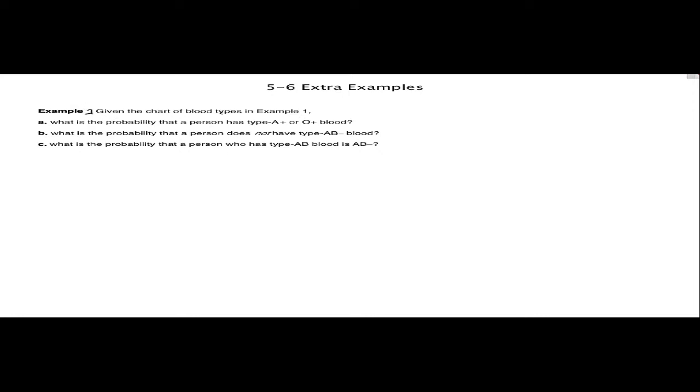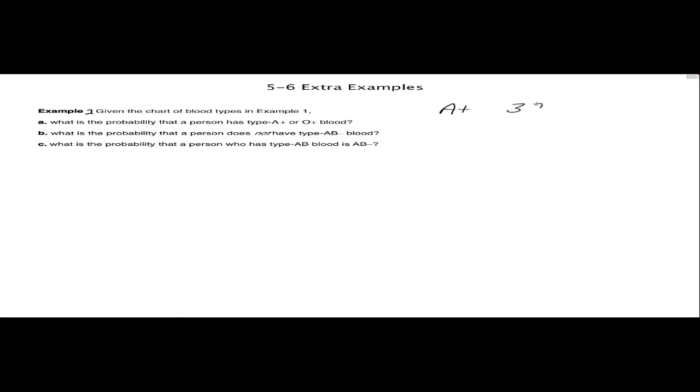Given the chart of blood types in example 1, this is example 1 in the book, what is the probability that a person has type A positive or O positive blood? Well, the probability that it's A positive is 32.3.